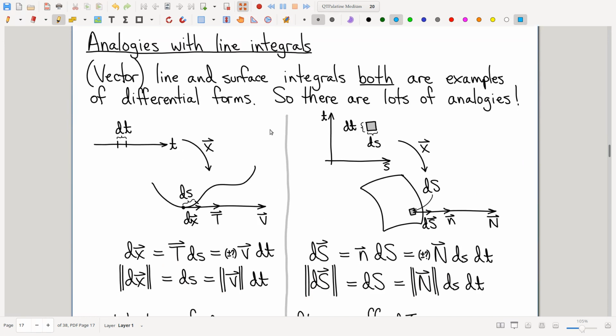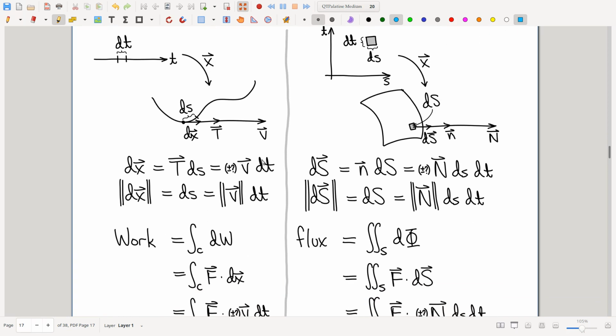This next page is kind of an unexpected little summary of strong analogies that we've seen some of. We've talked about some of the analogies between vector line integrals and vector surface integrals as we've been moving along, but I want to bring it all together here, all in one location, just to emphasize how strong the analogy is. And I emphasize this is weird because if you look at where we got vector line integrals from, well, it was because we were interested in this physical quantity called work.